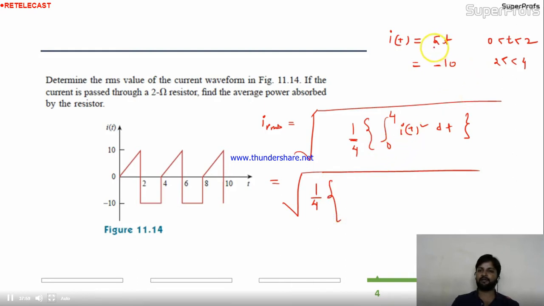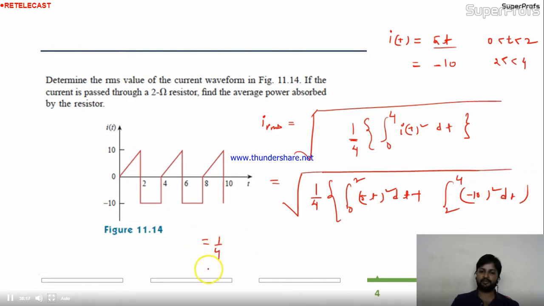Inside, you can divide because you have 2 different currents for 2 regions. First, 0 to 2, the current is 5t, so 5t square dt, plus from 2 to 4, minus 10, minus 10 square dt. Is it okay?